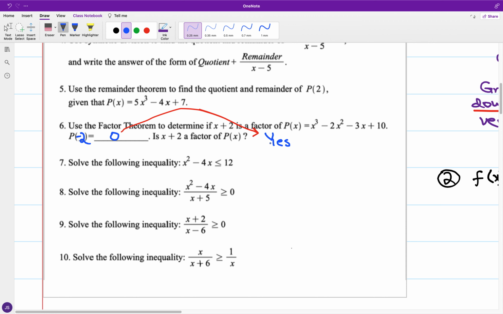All right. Now, for what we have in the case of inequalities, with this polynomial expression, we have that x squared minus 4x is less than or equal to 12.